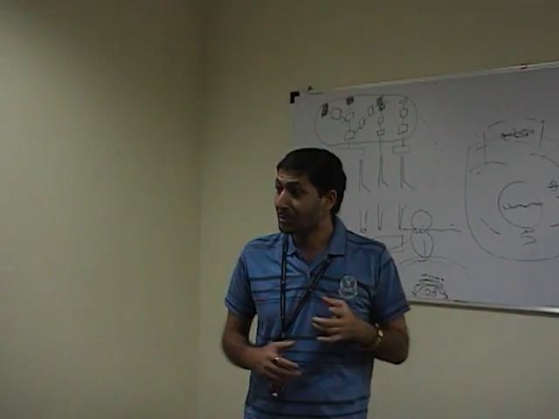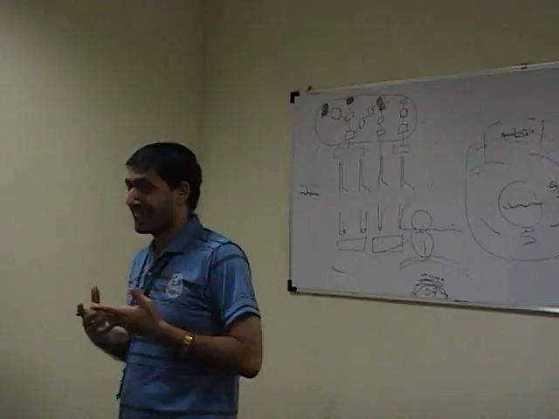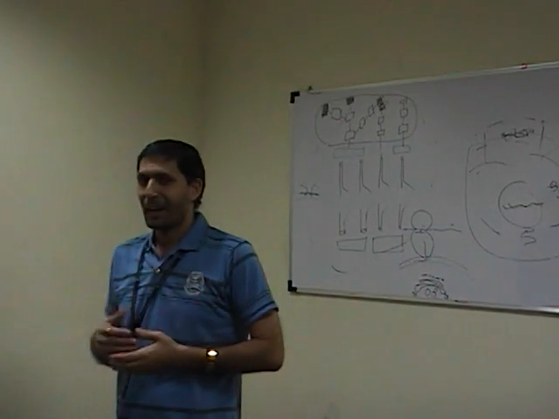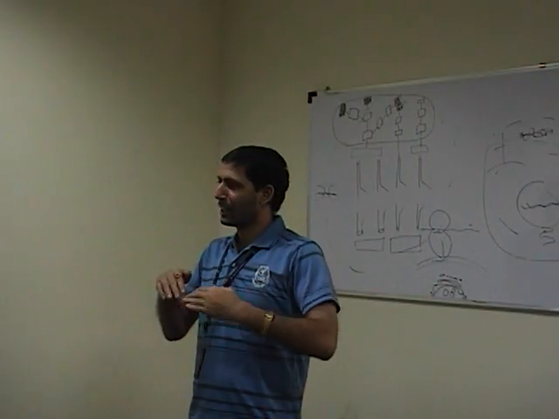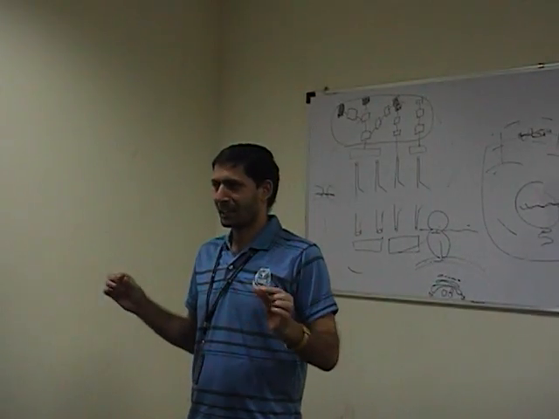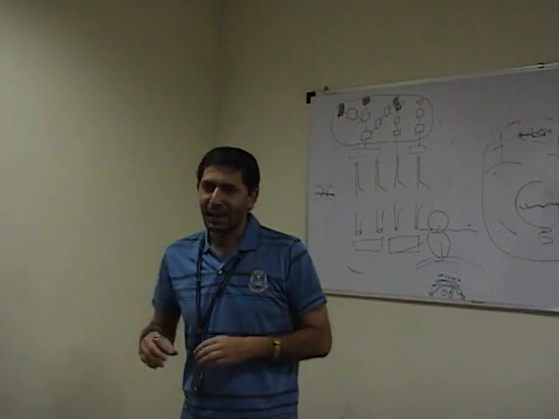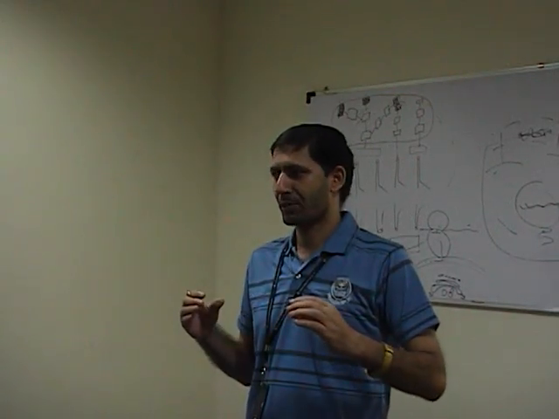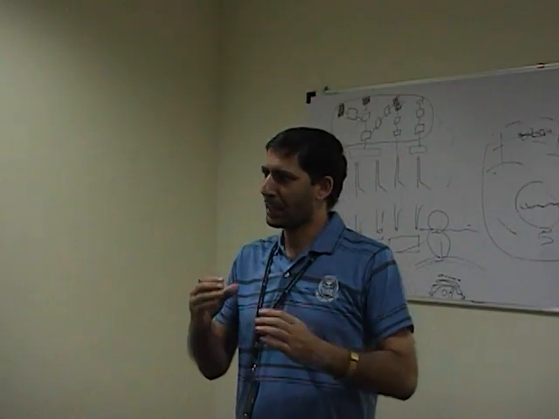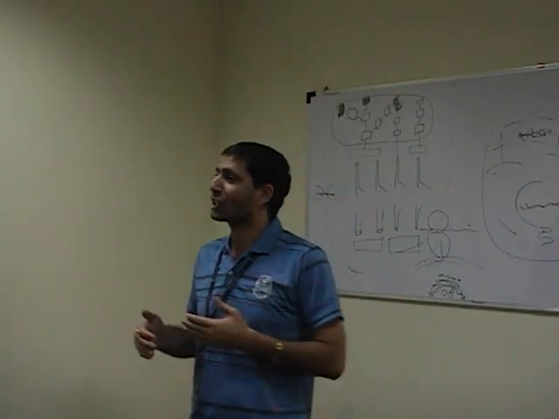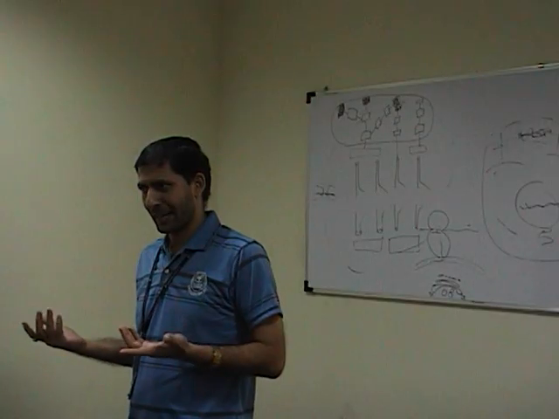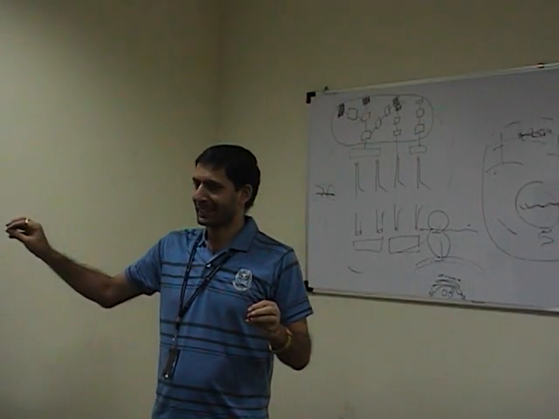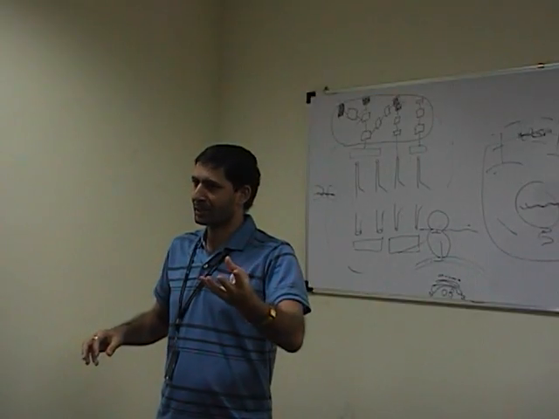Actually, as we discussed yesterday, the bound ribosome synthesizes protein and then it goes into the lumen of the endoplasmic reticulum, isn't it? And there is certain modification in the endoplasmic reticulum as well as in the cisternae of the Golgi complex, and then it is packed into Golgi vesicles and lysosomes.